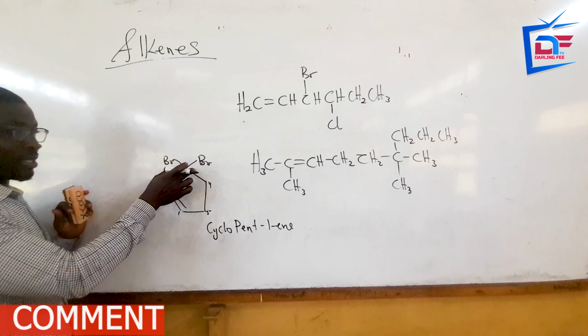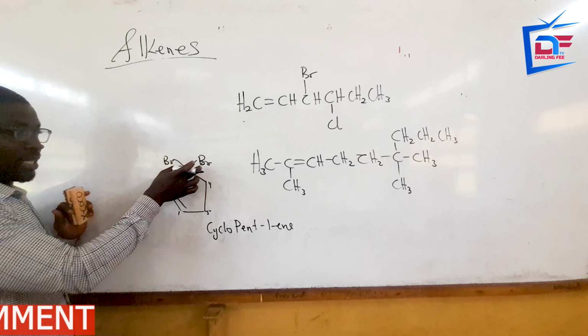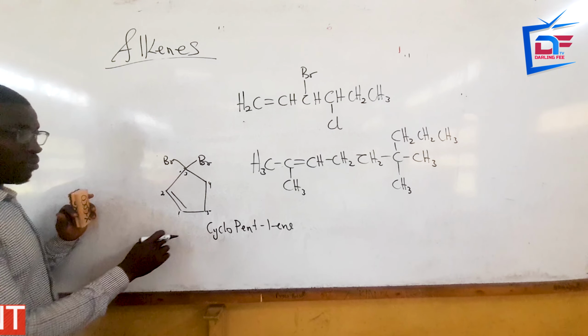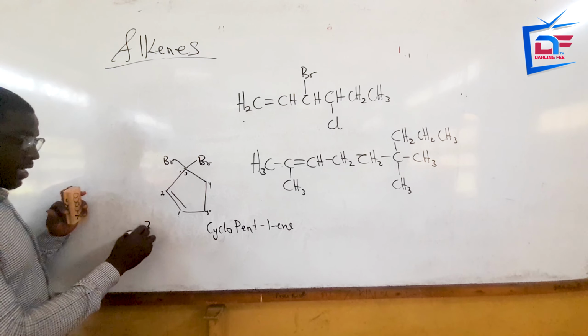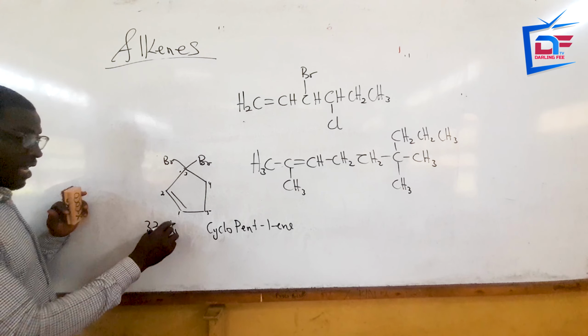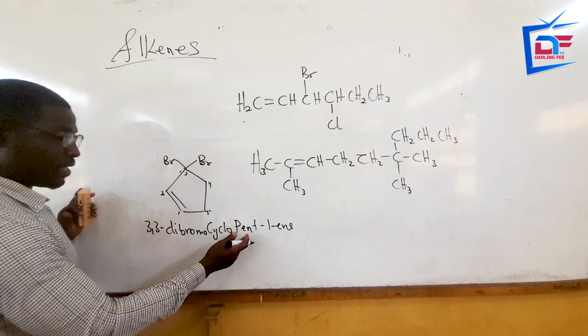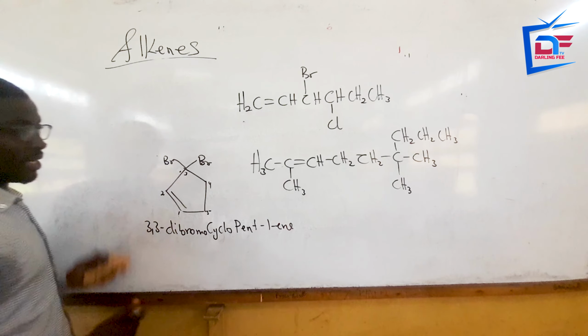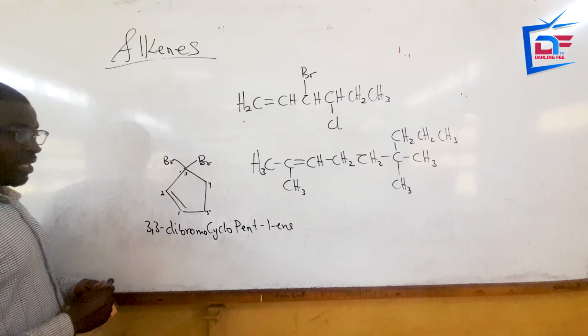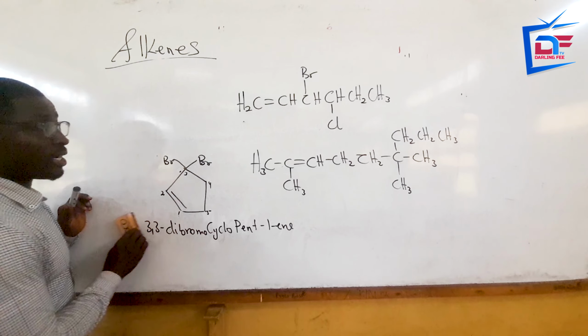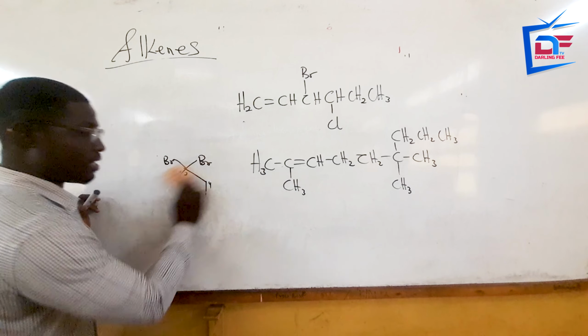Now let's look at the other substituent. We have 3, that is 2 of the bromine. So that will give us 3,3-dibromocyclopent-1-ene. So let's move to the next set of examples.